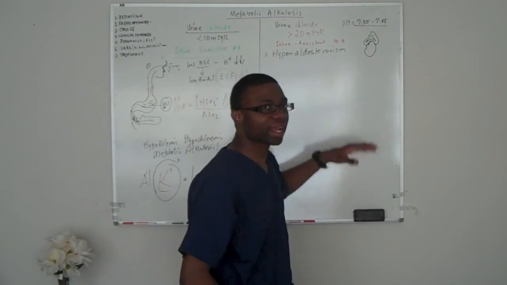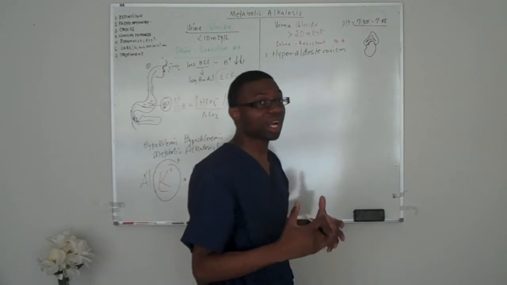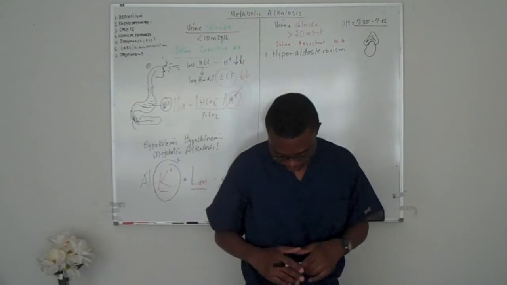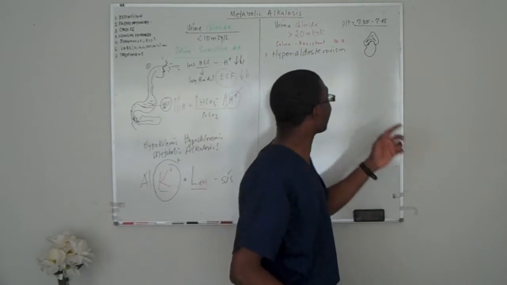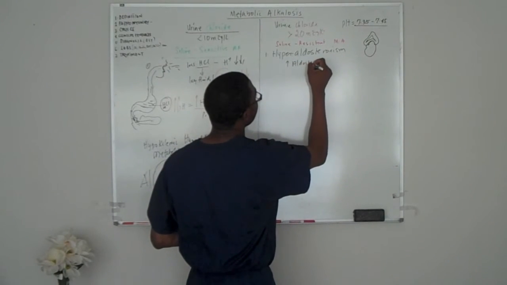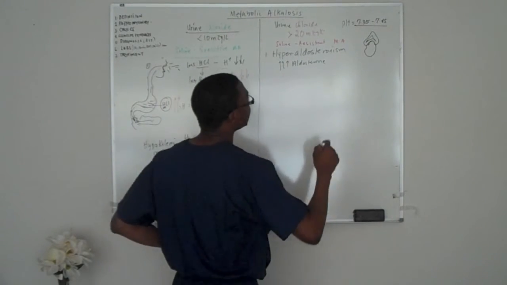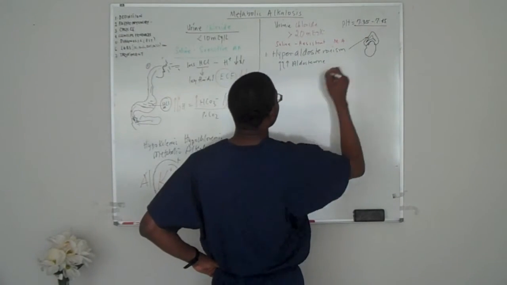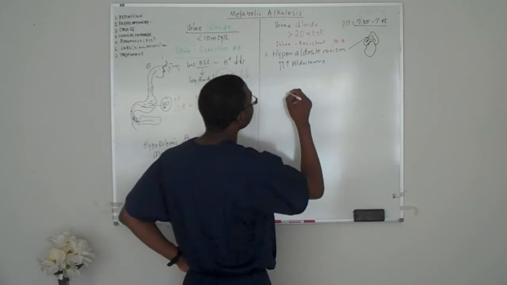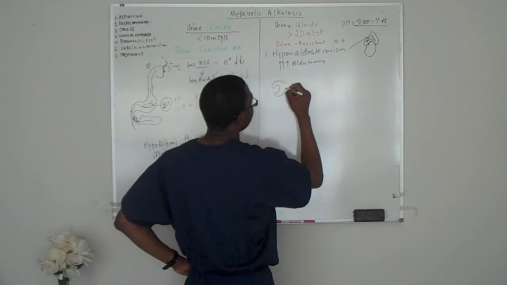Before I go into that, this is endocrine, sort of, kind of. Too much aldosterone will cause what? That means aldosterone is too high. That is the key problem. So what I'm going to do is, this is going to come from here. Let's go into the kidney. Kidney looks something similar like this. It's actually a nephron.